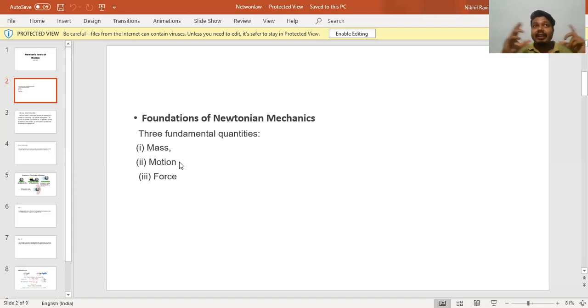That means it is the fundamental property of all matter. It affects the resistance that a body of matter offers to a change in its speed or its position upon the application of a force.